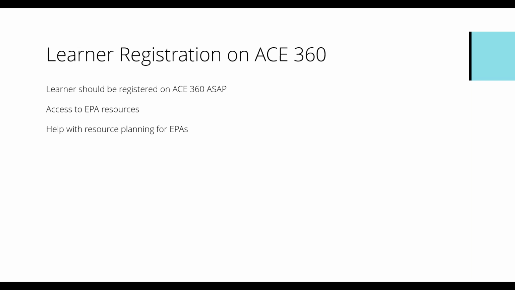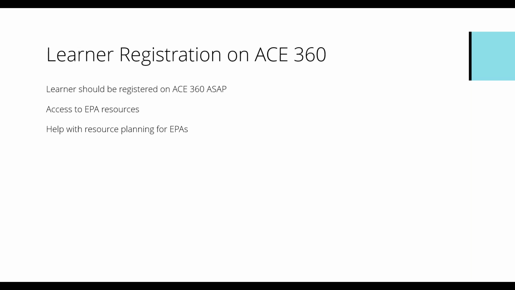So we do encourage early registration onto the system, and this will help Pearson as an endpoint assessment organisation with capacity planning to make sure that we have sufficient independent endpoint assessors available for when your apprentice needs endpoint assessment. It also allows you to track and monitor progress.